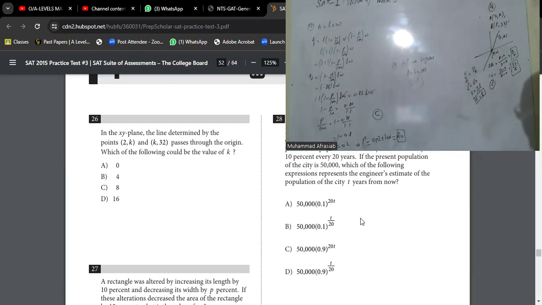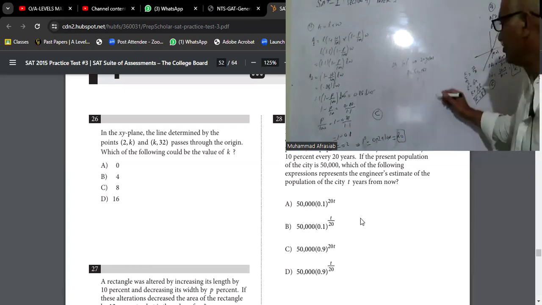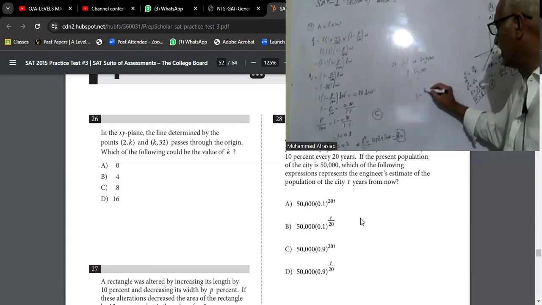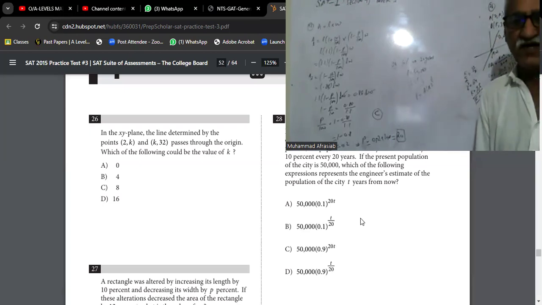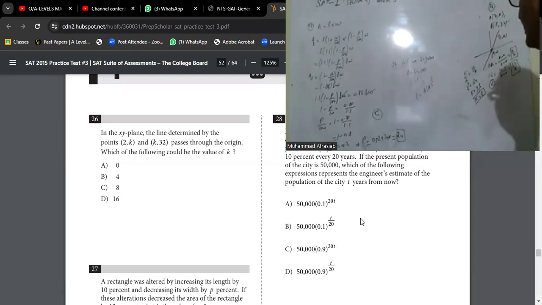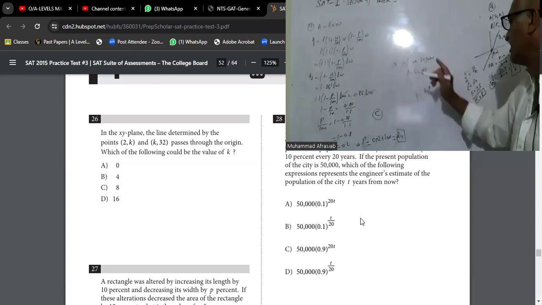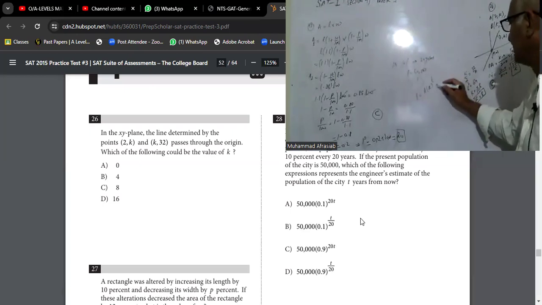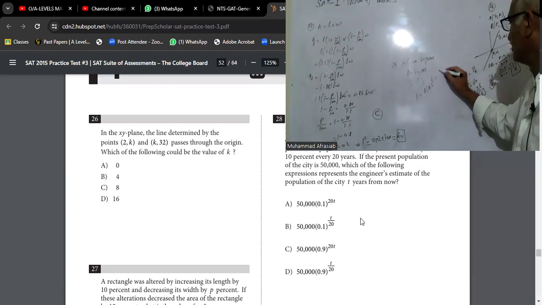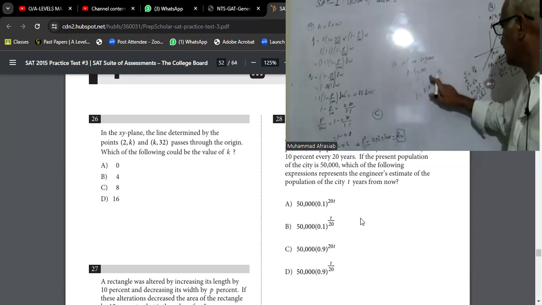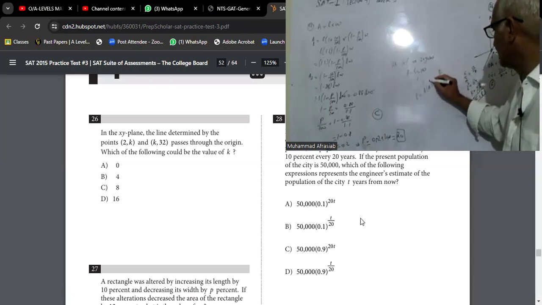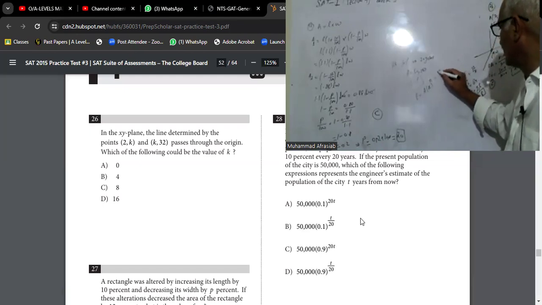The population is equal to A into X power N. We know that it is 10% after every 20 years, so N is equal to T over 20.